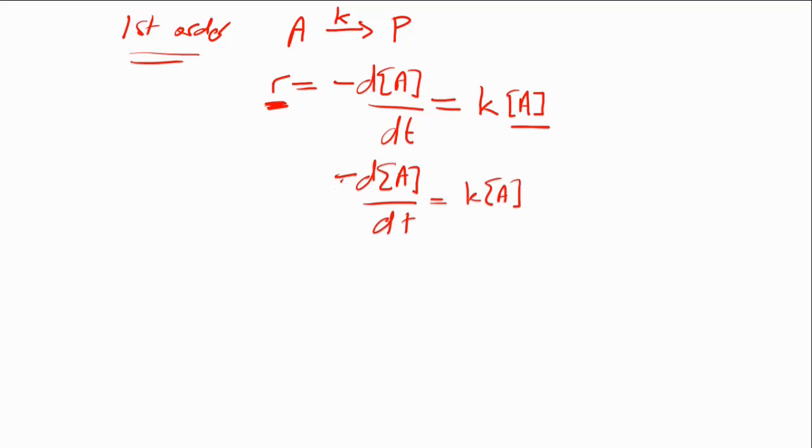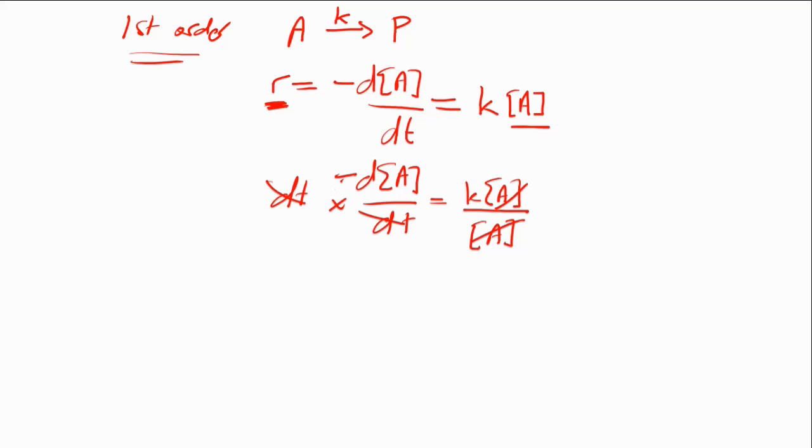Now I could do a number of things. I will multiply by dt. So this one will cancel with that one. I will also divide by A. So this one I'm just rearranging, that's all.